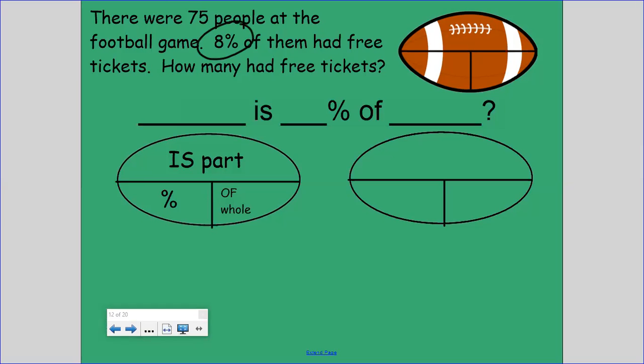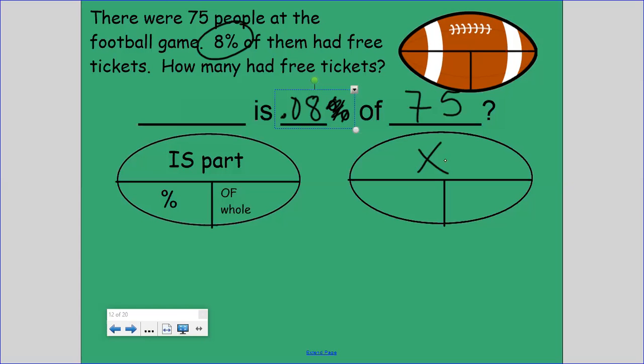And the decimal form of 8% is 0.08. Okay, so that turns into 0.08. And then the of is the whole 75. So I'm figuring out, again, the is, the part. What piece of those people had free tickets?